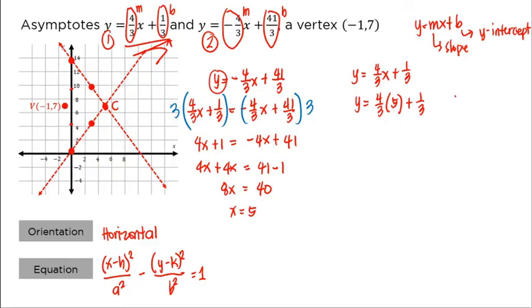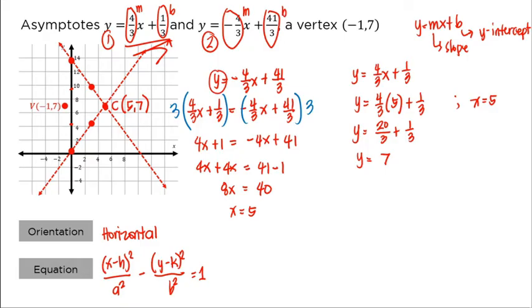So we now have y equal to 20 over 3 plus 1 third. So y is equal to 21 over 3, and that is 7. So the coordinates of the center now is 5 and 7.